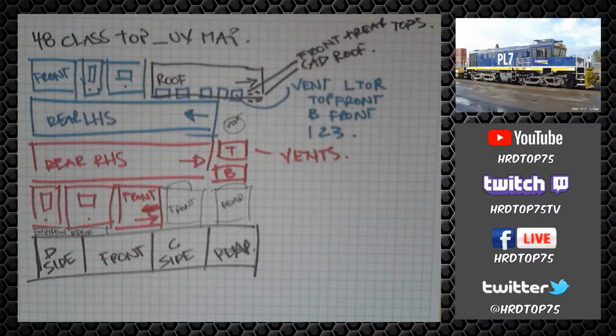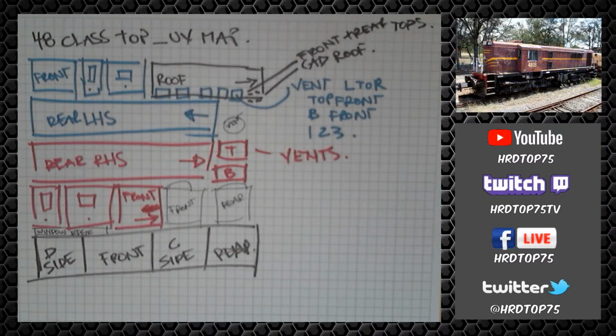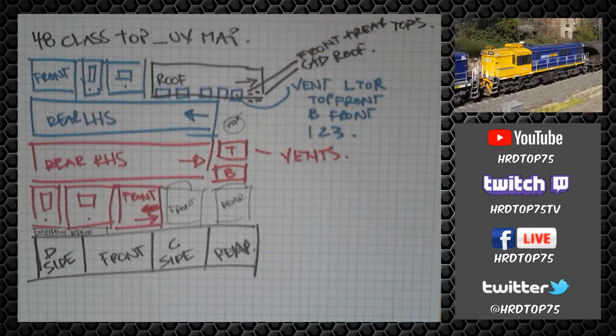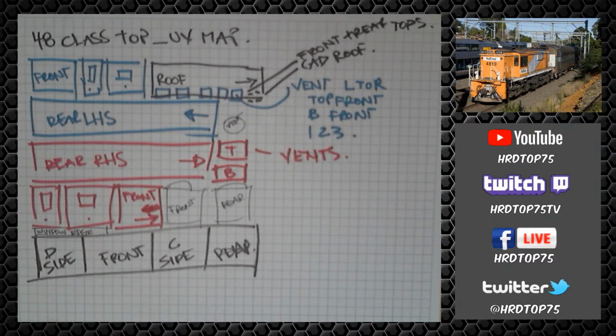Okay, so you got driver's side, and then front, and then cab side, and then rear. Okay, now I can see what's going on. So we're looking for the front and rear.